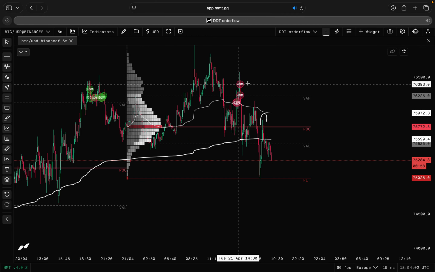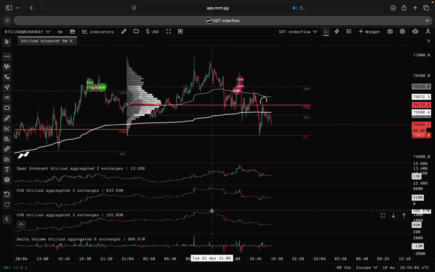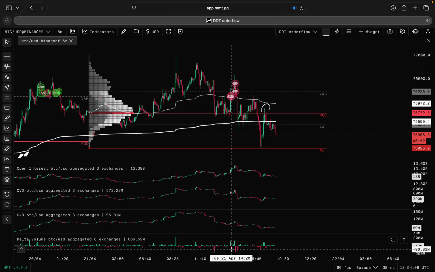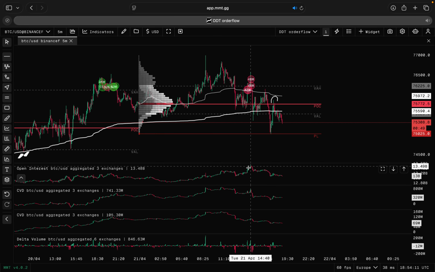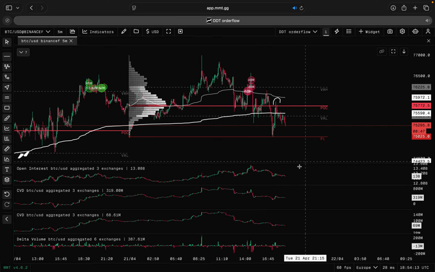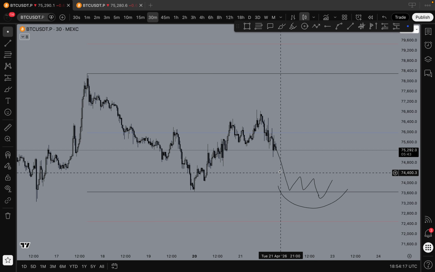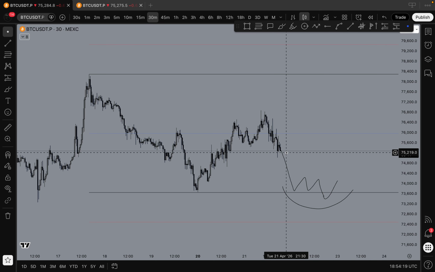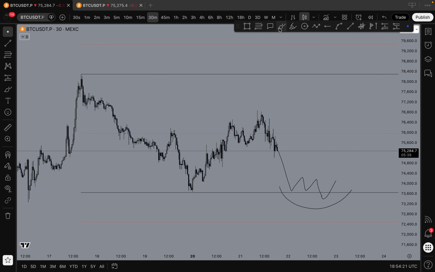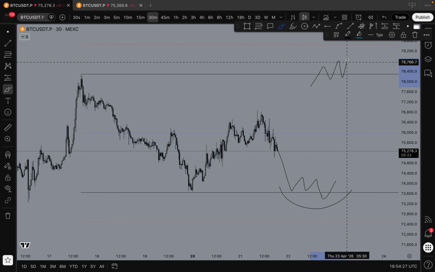So then you see negative bubbles, you see likely big negative delta right here as well, and maybe even open interest going up, meaning new positions are being opened. If you are at the lows, you can also assume that it is shorts. If open interest goes up near the lows, it's almost always shorts, and near the highs, it's almost always longs.